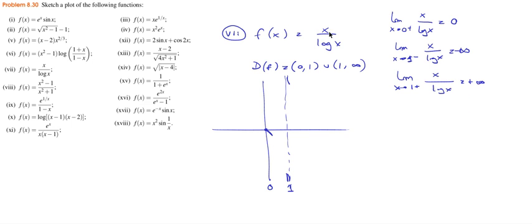The limit when x goes to infinity is obviously infinity, because the logarithm of x is negligible when x is very large. And let's get the derivative. F prime is going to be the derivative of x times the logarithm of x, minus x times 1 over x, all divided by the logarithm of x squared.